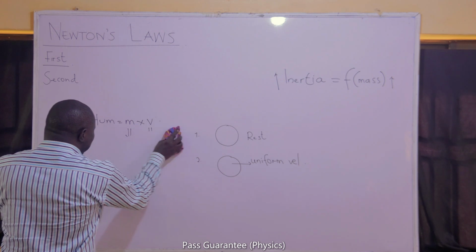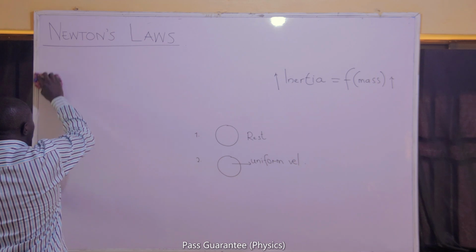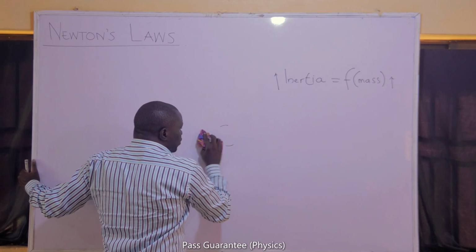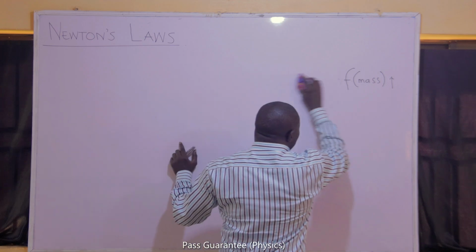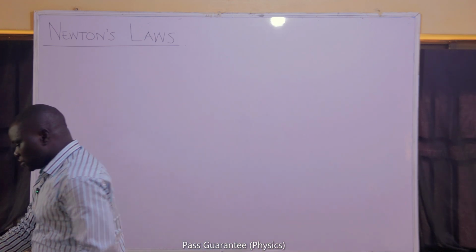I've earlier said that anytime we exert a force on an object, we expect immediately that the momentum of that object will change, and it will change in the direction of the applied force.